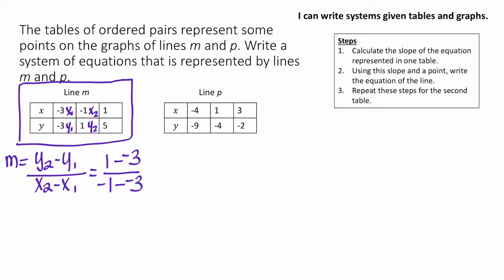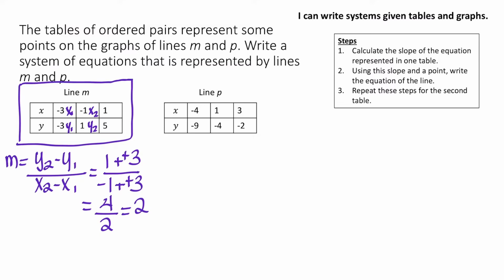So when I simplify this, the 1 minus negative becomes a plus. The negative 1 minus negative becomes plus also. So I have 1 plus 3, which is 4, over negative 1 plus 3, which is 2. So 4 divided by 2 equals 2, which is my value of m.